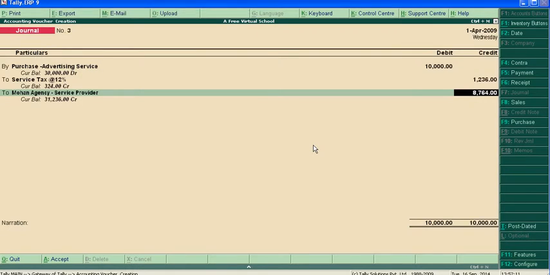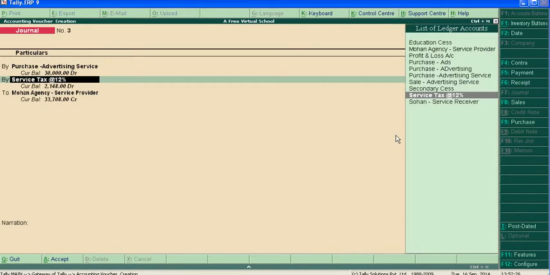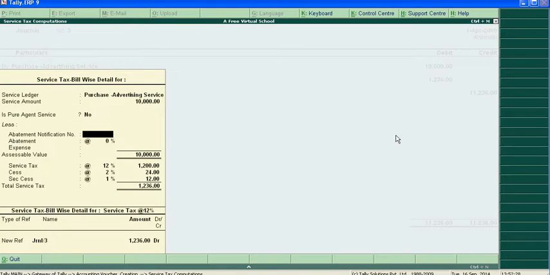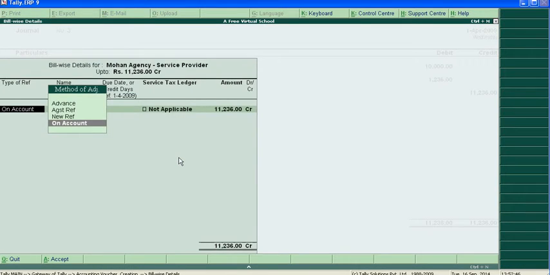You have to pay this amount to the party. This is our expense, so this will be debit. Okay, purchase of services account debit, service tax account debit, and the creditor account credit. This is a journal entry.